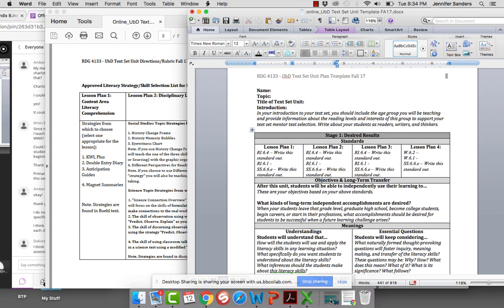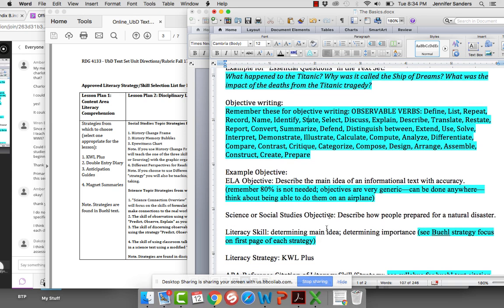Okay? Your objective is going to be observable. And I've given you some definitions, like some verbs for that. For example, if I wanted my students to focus on tone, then I would say students will analyze words used by an author to critique the author's tone, because I don't like the word understand in any of it.